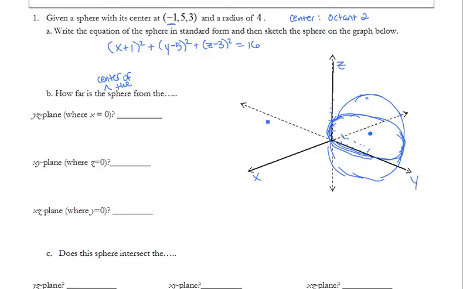So our YZ plane, remember, is our wall, this up and down wall right here. So we want to think about where our x value is. And our x is negative 1. So it's 1 unit away. More specifically, it's 1 unit behind. And then because 1 is less than 4, because that's the radius, you want to think about the fact that this is indeed going to intersect this plane, because that'll come up later.